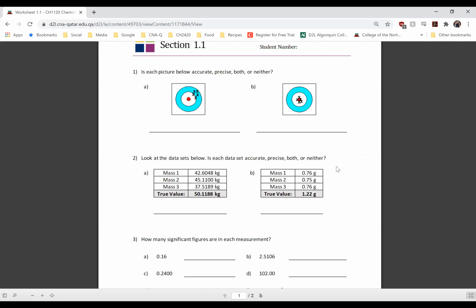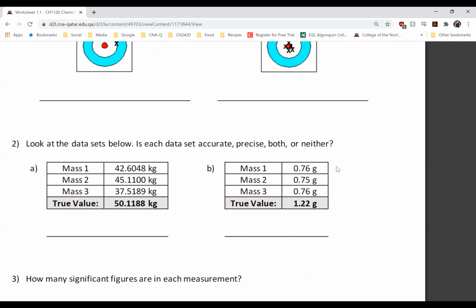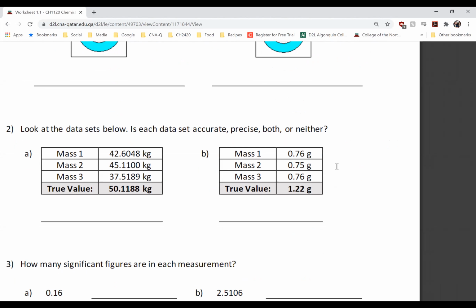And specifically, I'm going to get us to look at question number 2. Now, one thing I'll mention just over on the side here, accuracy is how close you are to the true value. Precision, that says value, not valve. Let me fix that.